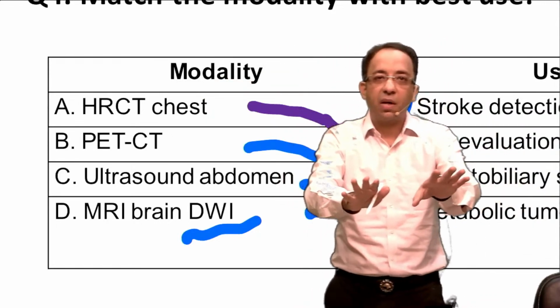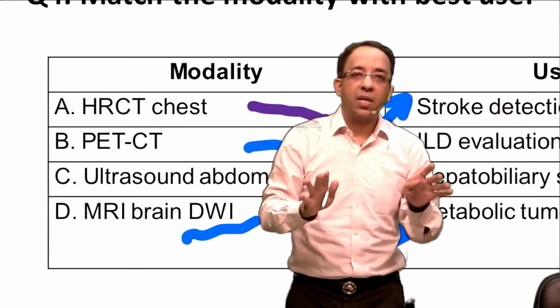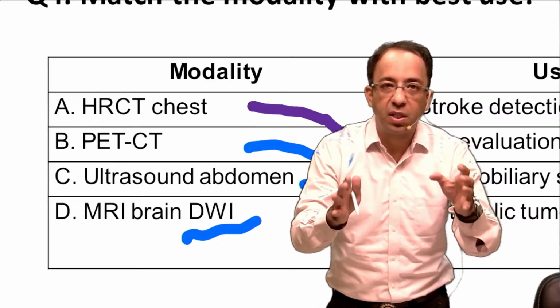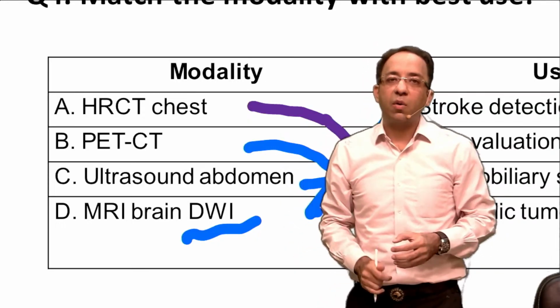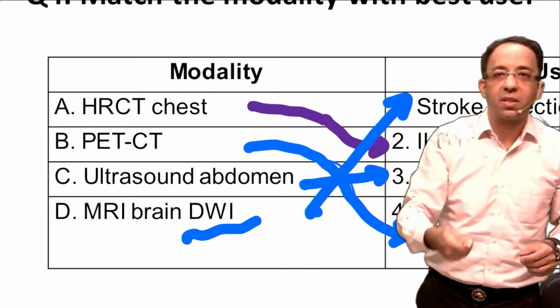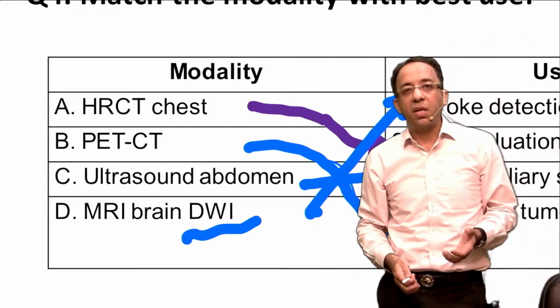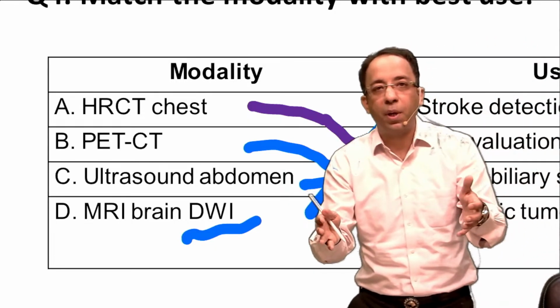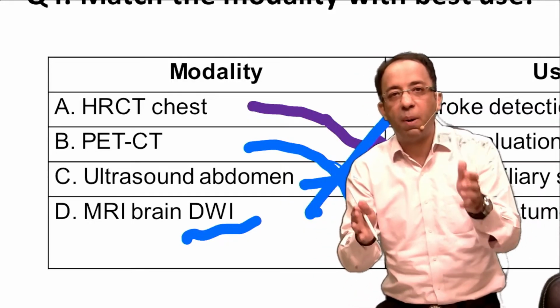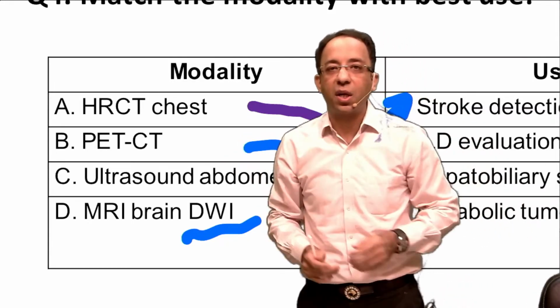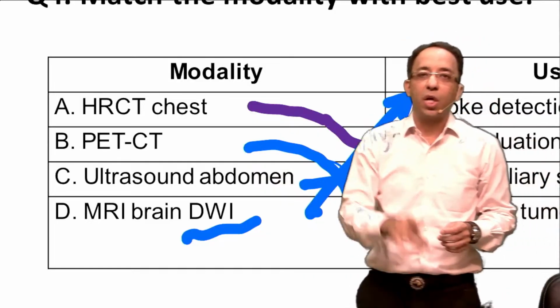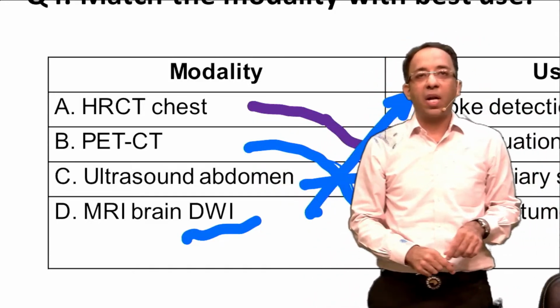Once in INICET they asked, if a patient has clinical suspicion of interstitial lung disease, what investigation will you use to characterize? HRCT. If you see basal honeycombing and traction bronchiectasis, the pattern is called usual interstitial pneumonia pattern, irreversible damage, poor prognosis. You remember from my class.